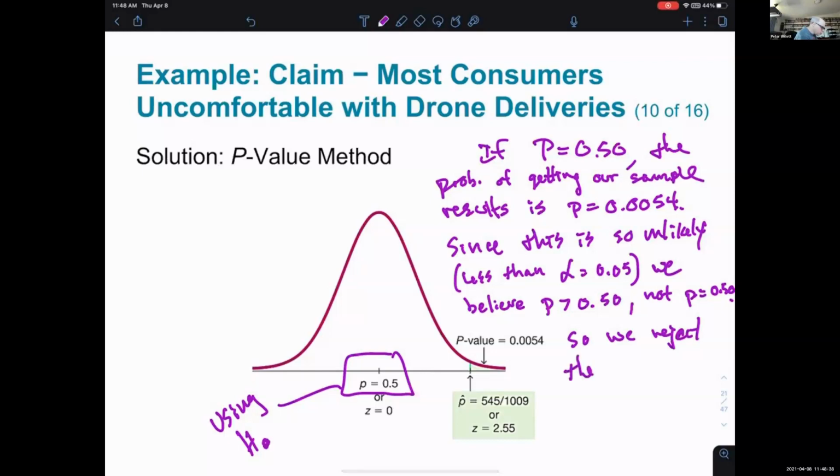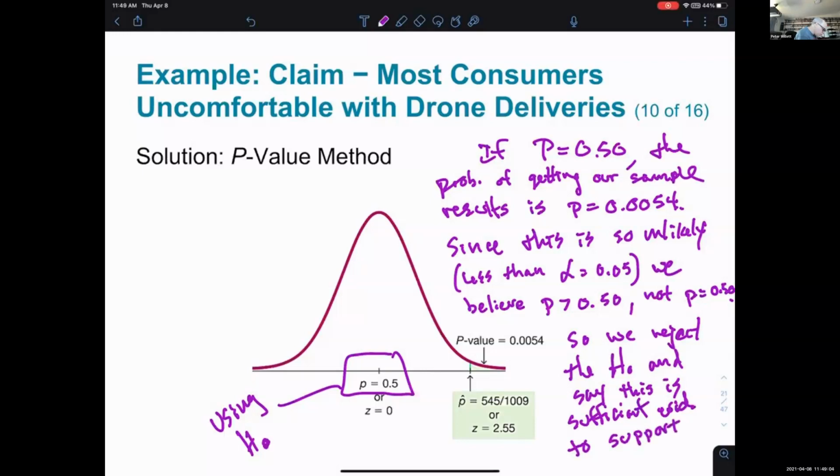We reject the null hypothesis and say this is sufficient evidence, meaning our sample is sufficient evidence to support our claim, which is the alternative hypothesis. Man, this looks really sloppy.